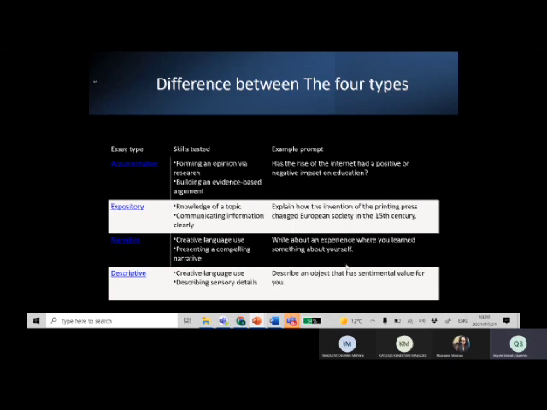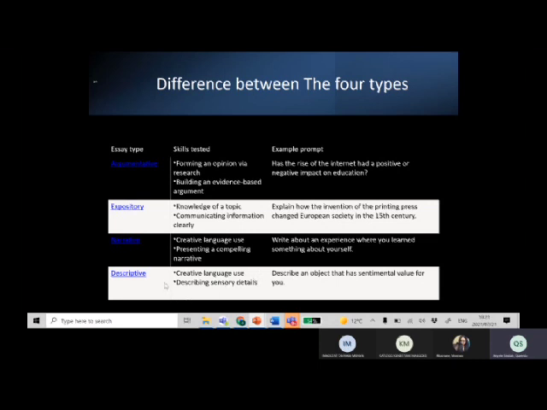An example of a narrative question will be, write about an experience where you learned something about yourself. That is a narrative essay. So in this essay, you'll be narrating a particular experience that made you learn about yourself. And please remember the steps, your introduction, the body, and the conclusion.